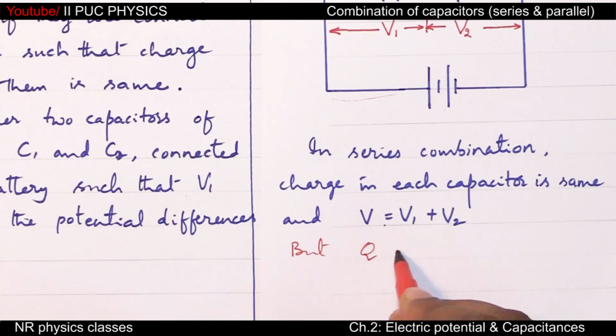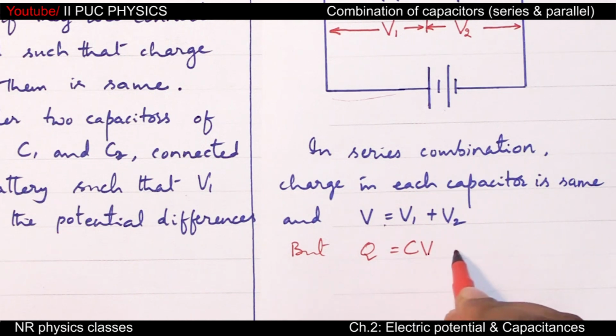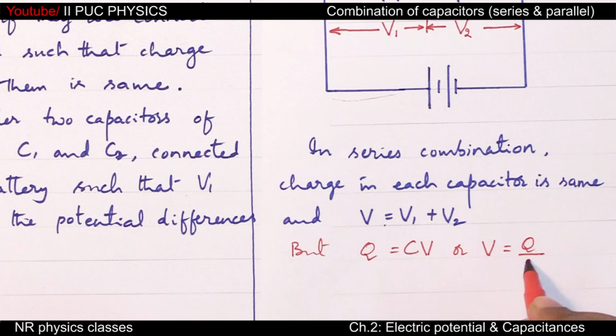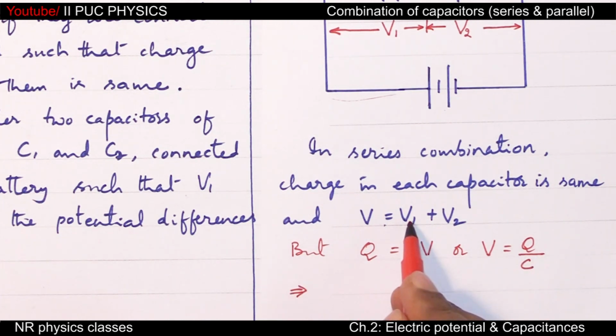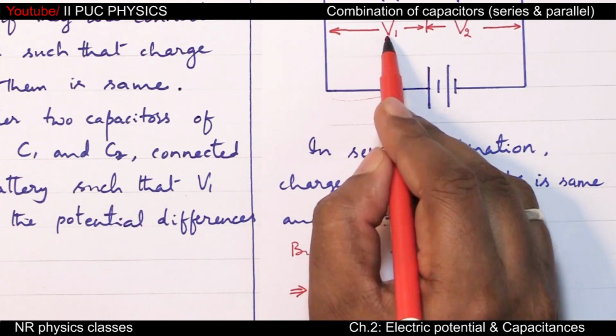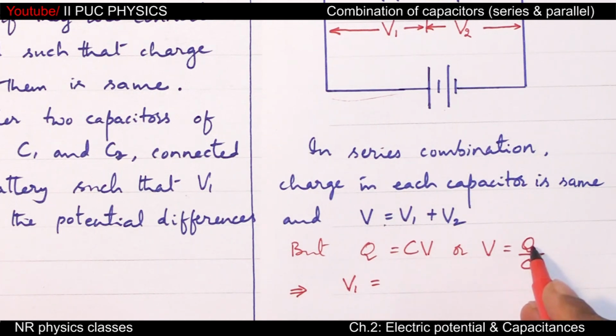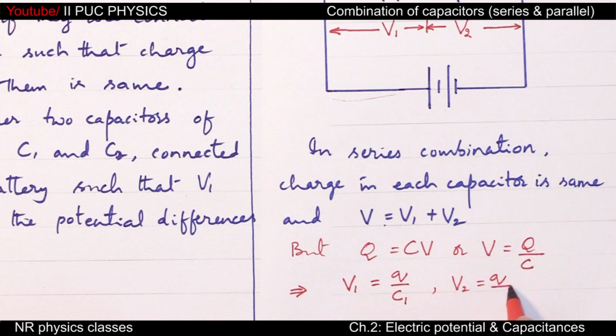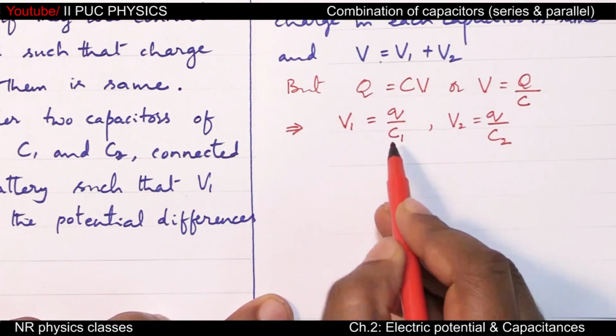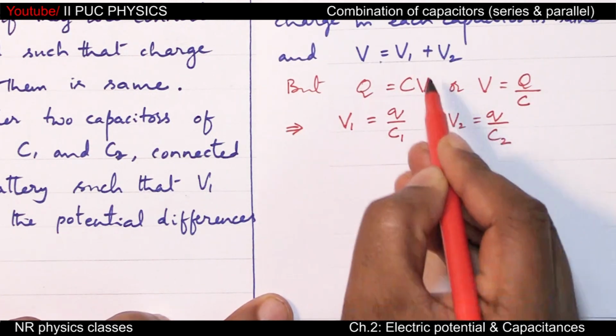But Q equals CV, or V equals Q by C. This implies V1, the potential difference across the first capacitor, is Q by C1, and V2 equals Q by C2. Let us substitute these two in this equation.